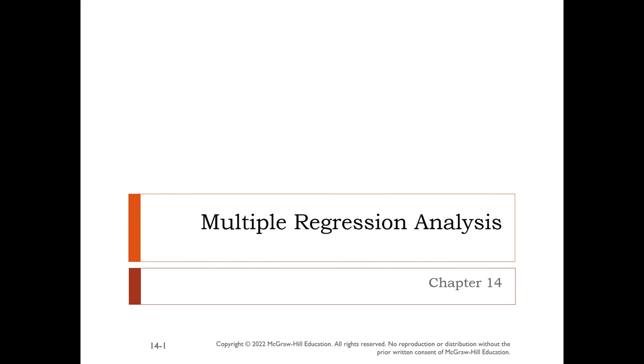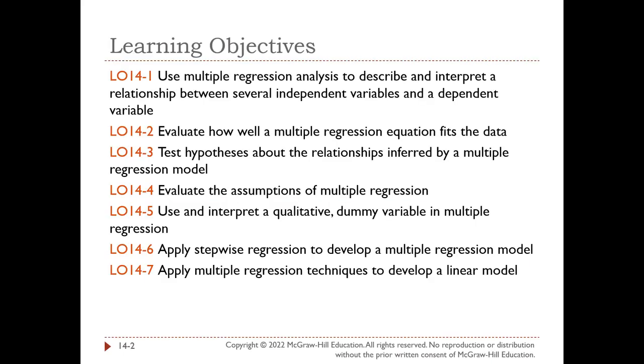So, you know the drill. Learning objectives. What are we supposed to learn in this chapter? Well, we're going to use multiple regression analysis to describe and interpret a relationship between several independent variables and dependent variables. We're going to evaluate how well a multiple regression equation fits the data.